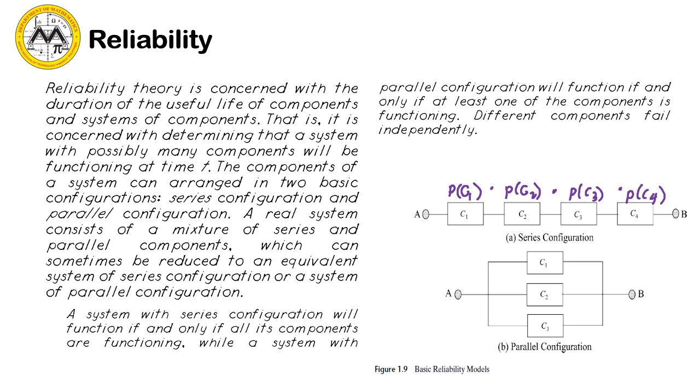While if we have parallel events or parallel configuration, the total reliability would be 1 minus P of C1 times 1 minus P of C2 and so on.